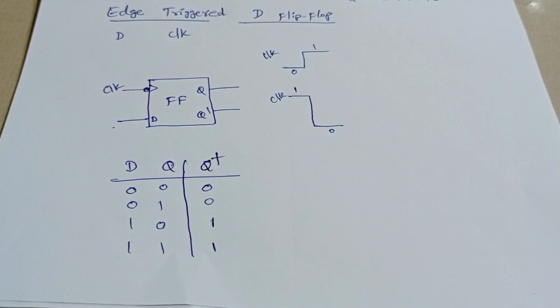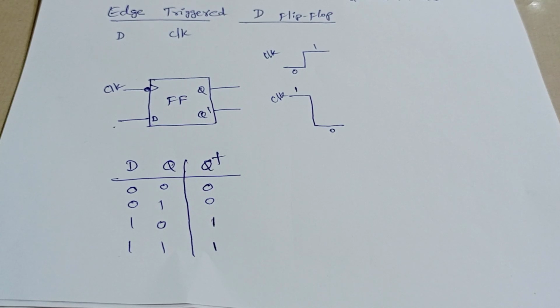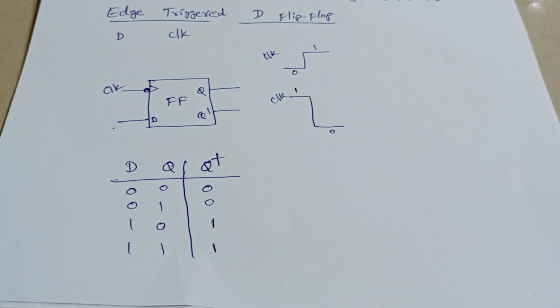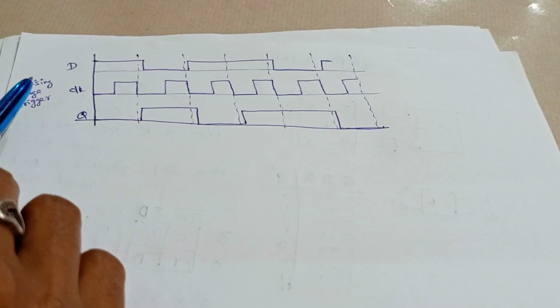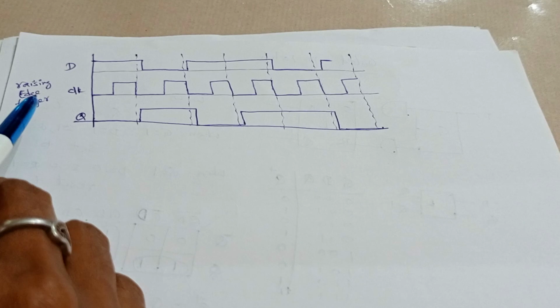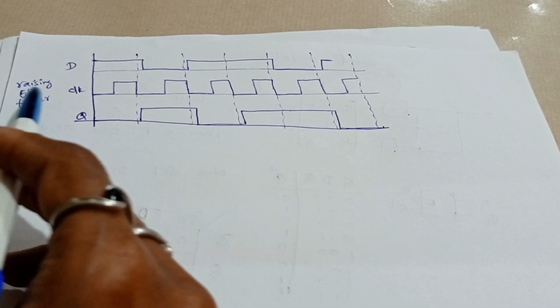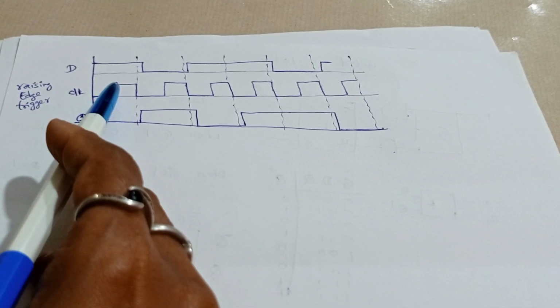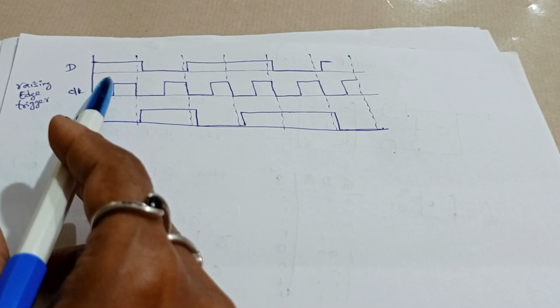Now we'll see the timing diagram for this truth table. We can consider rising edge or falling edge, any one. Here it is considered rising edge. That means it is 0 to 1. Clock is from 0 to 1, rising edge.